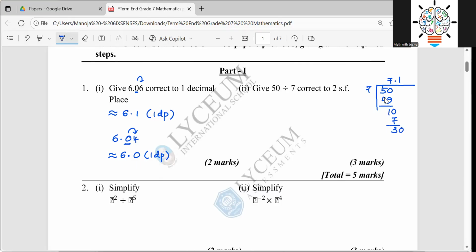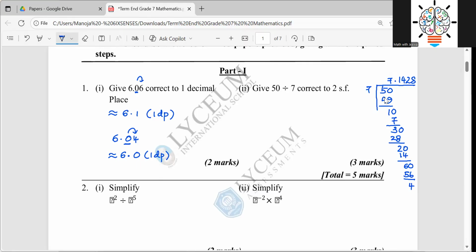You take another imaginary 0, 7 times 4, 28, and then 2. Take another 0, 20, 7 times 2, 14, then you have 6. For 60, 7 times 8, 56. You can continue like this.